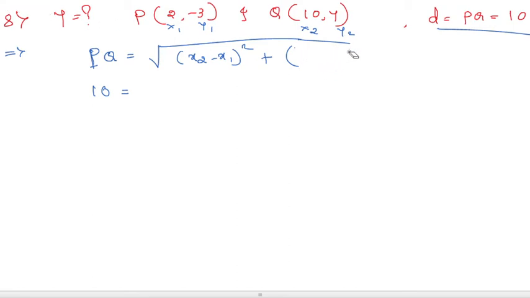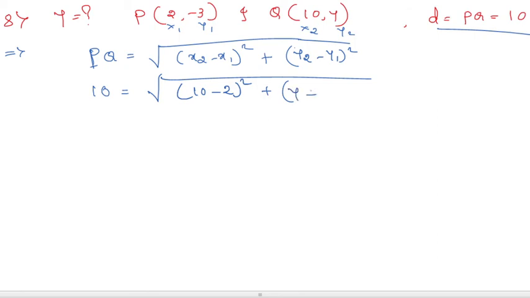So PQ is 10, which is equal to the square root of (x2 minus x1) whole square plus (y2 minus y1) whole square. Here x2 value is 10 and x1 value is 2, so (10 minus 2) whole square, plus y2 minus y1, where y2 is y and y1 is minus 3, so (y plus 3) whole square.